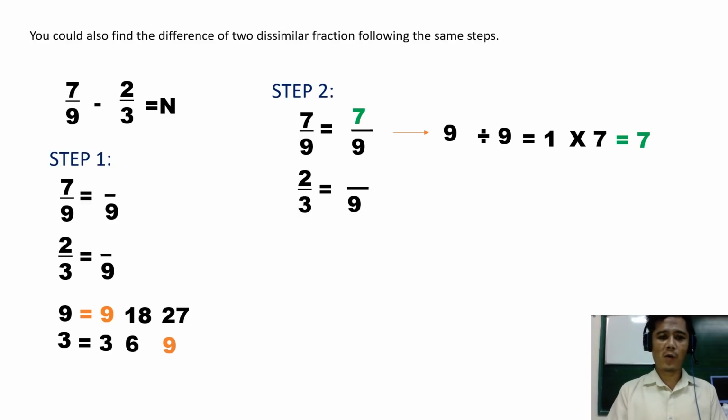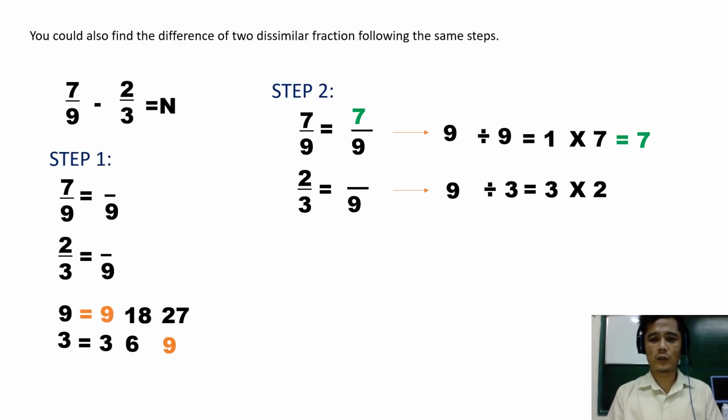So, kapag ganito po ang given, 7/9, ang denominator niya ay 9 pa rin, pwede po natin gayahin na lang yung 7 kasi parehas naman po sila, no? Equal sila. So, next, 9 divided by 3 is equal to 3 times 2 equals 6. So, ang nawawala po nating numerator dito sa isa ay 6. So, 2/3 is equal to 6/9, or the higher term of 2/3 is 6/9.